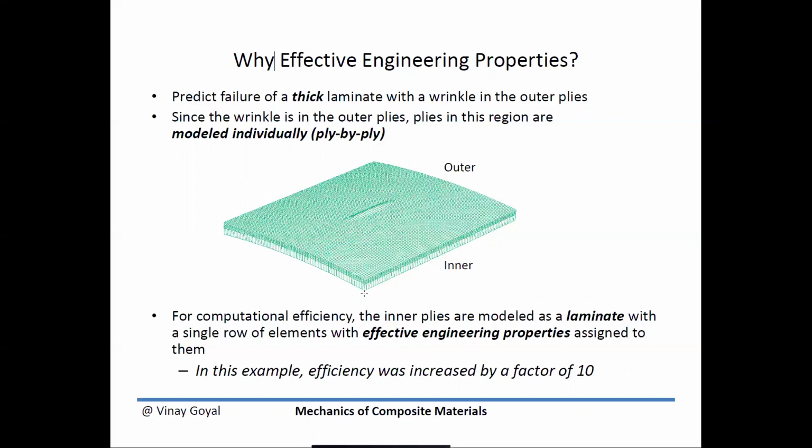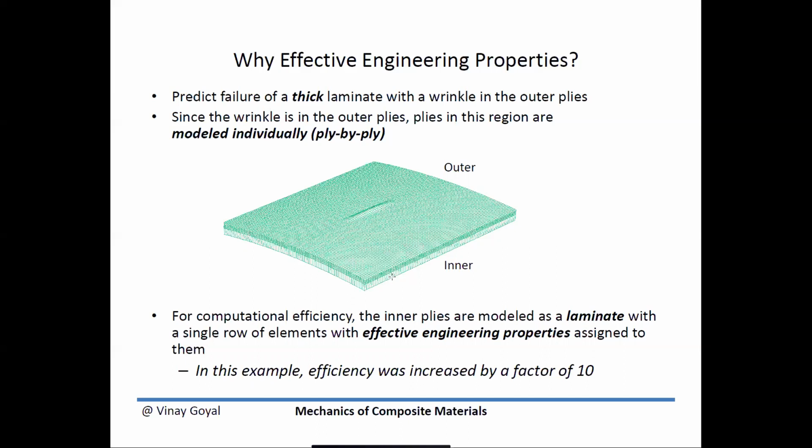And then the bottom, say the bottom 60 plies, could be represented with a single row of elements, fairly coarse, but with effective material properties representing all these plies put together. So this approach can increase the efficiency of finite element modeling by a significant factor.